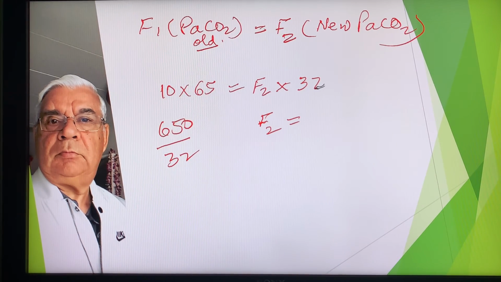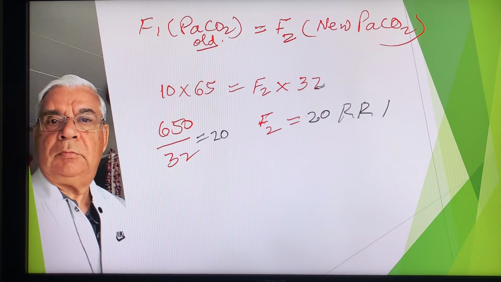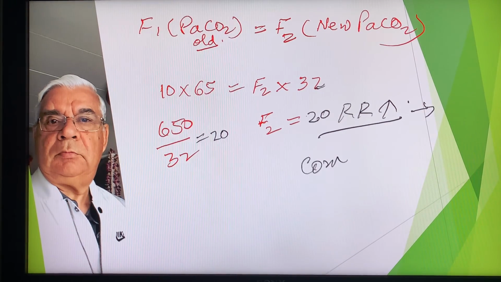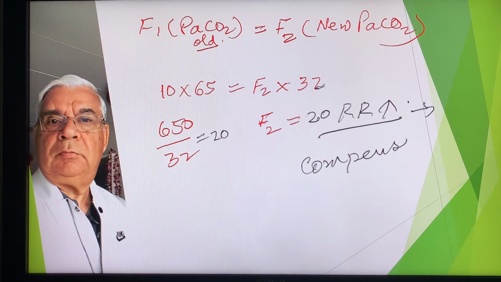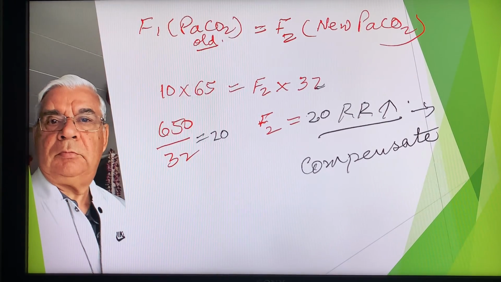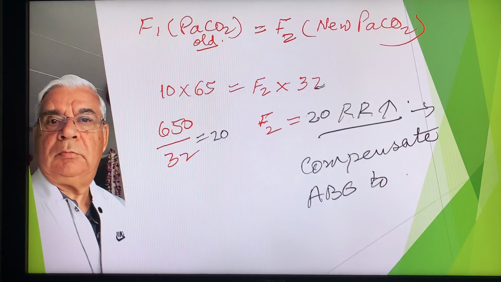So if you find out that, it will be 20. So F2 will be 20. So the respiratory rate has to increase to 20 to compensate the ABG to normal pH.